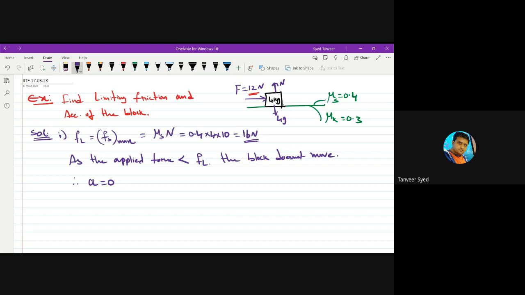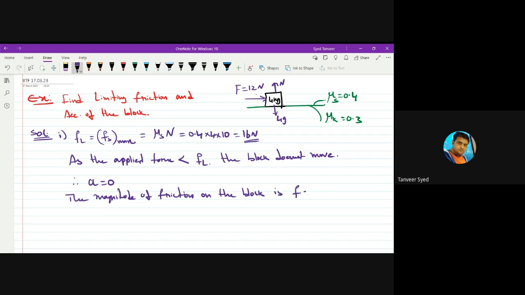And in this situation, if I ask you, what is the value of friction? What is the magnitude of friction on the block?